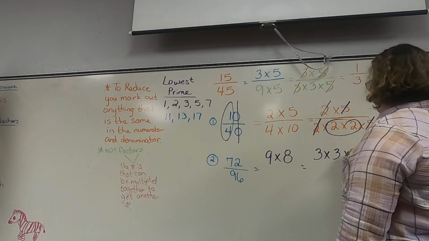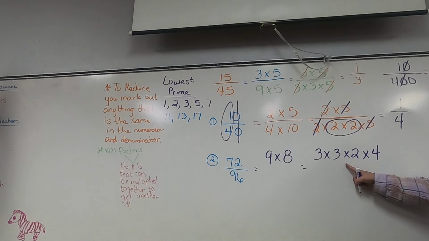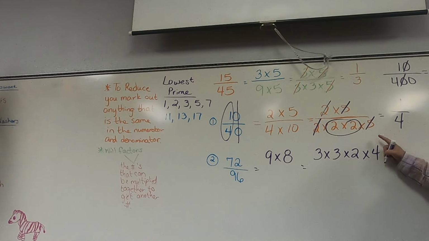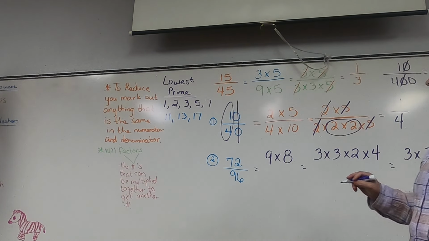And 8 is 2 times 4. Now, all the way to right here, I'm good, aren't I? Yes. But 4 is not prime. So I have to break it down one more time. So it's 3 times 3 times 2 times 2 times 2. Okay? A lot of 2s.